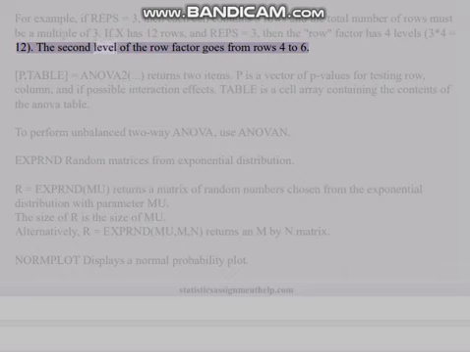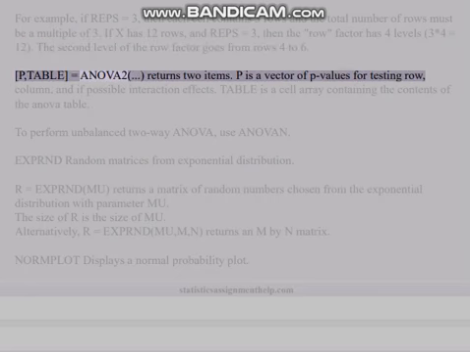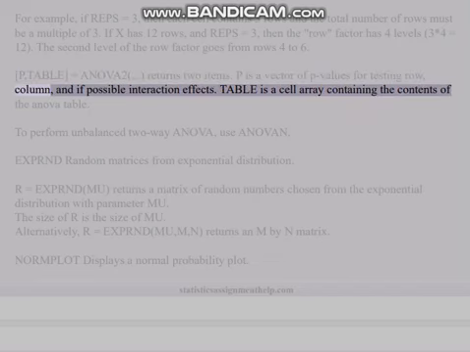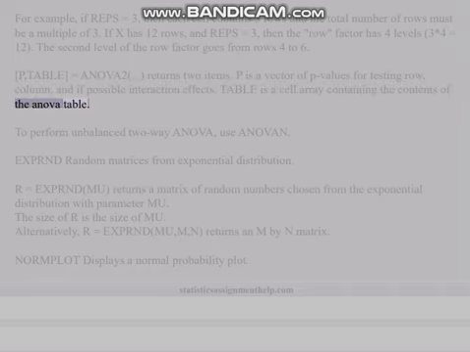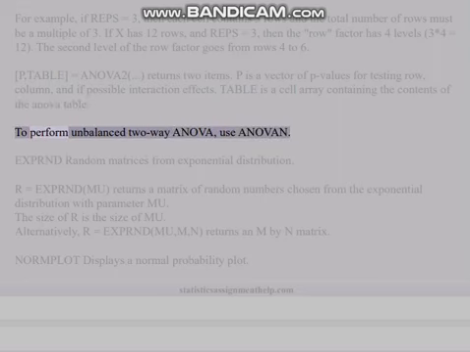The second level of the row factor goes from rows 4 to 6. [p,table] = anova2(...) returns 2 items. p is a vector of p-values for testing row, column, and if possible interaction effects. table is a cell array containing the contents of the ANOVA table. To perform unbalanced two-way ANOVA, use anovan.